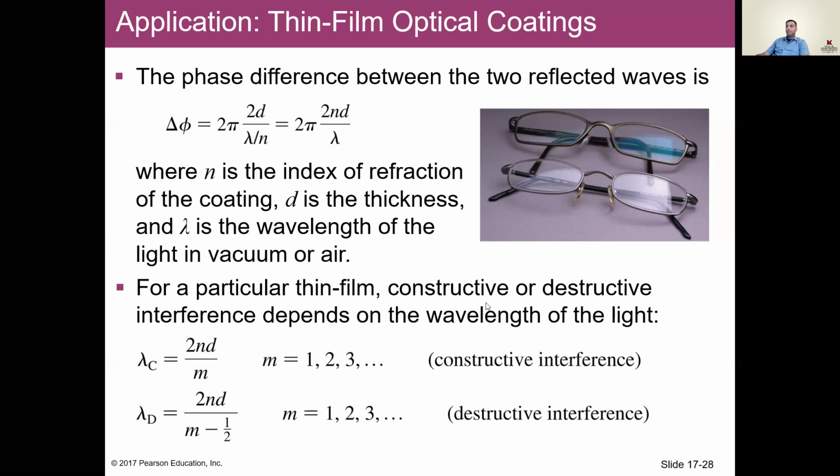For a particular thin film, constructive or destructive interference depends on the wavelength of the light, of course, right? So for constructive interference, you have 2nd equals m lambda. For destructive interference, you have 2nd equals (m minus half) lambda. And m is again the order of interference. It could be 1, 2, 3, and many others.